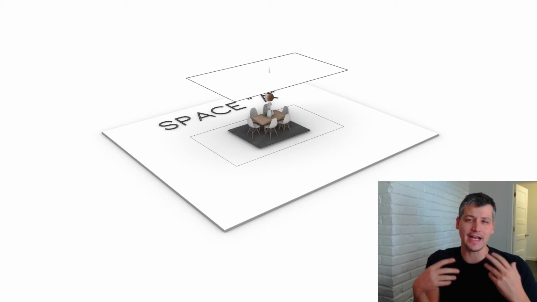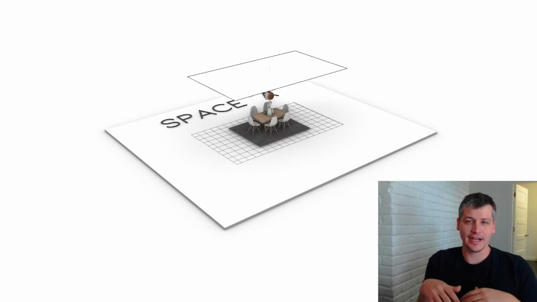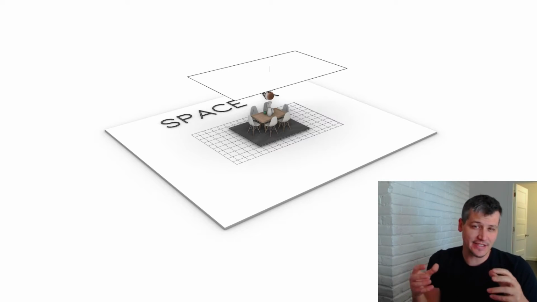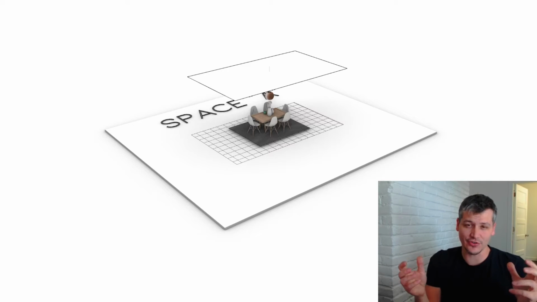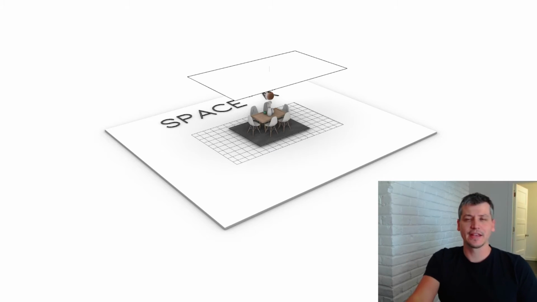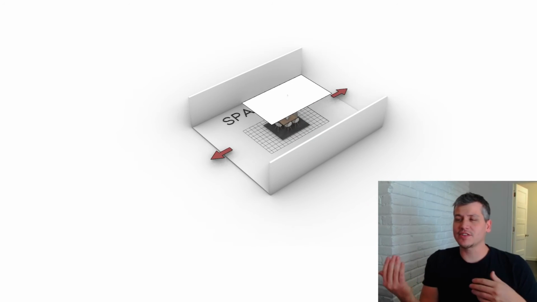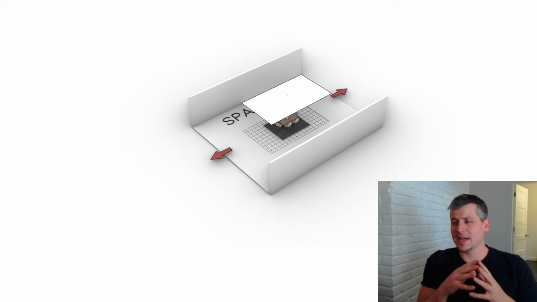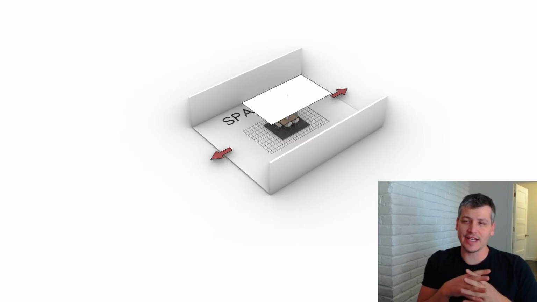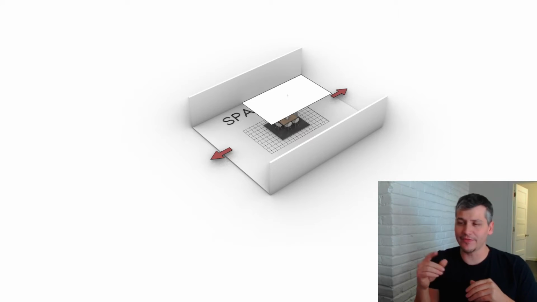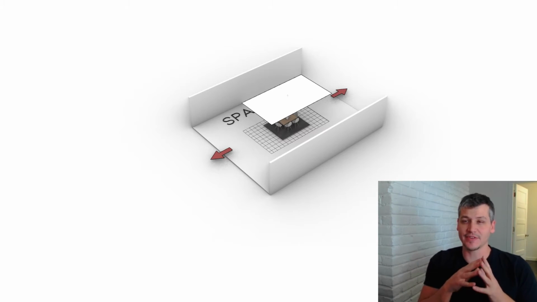If we start to combine things like the texture and the ceiling plane, we can of course have an even stronger definition of space. If we think about directionality and the way that walls can start to identify space, in this example we have a dual directionality that starts to give focus to two sides of this particular area.